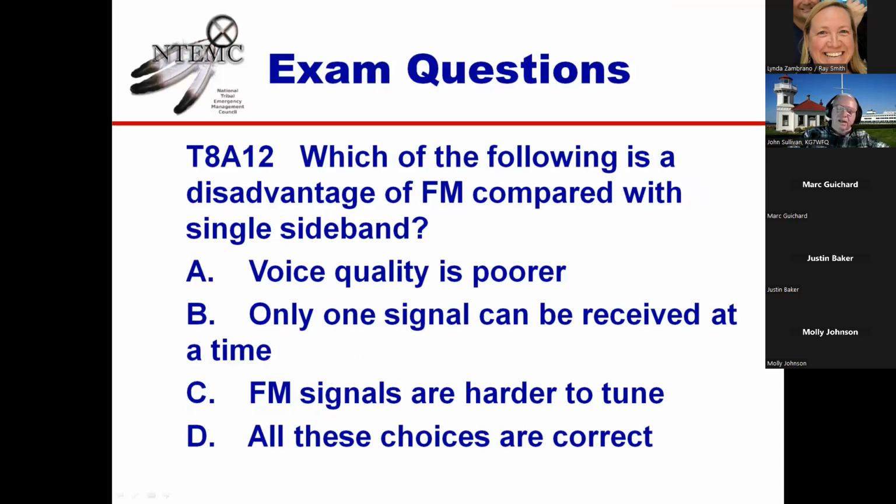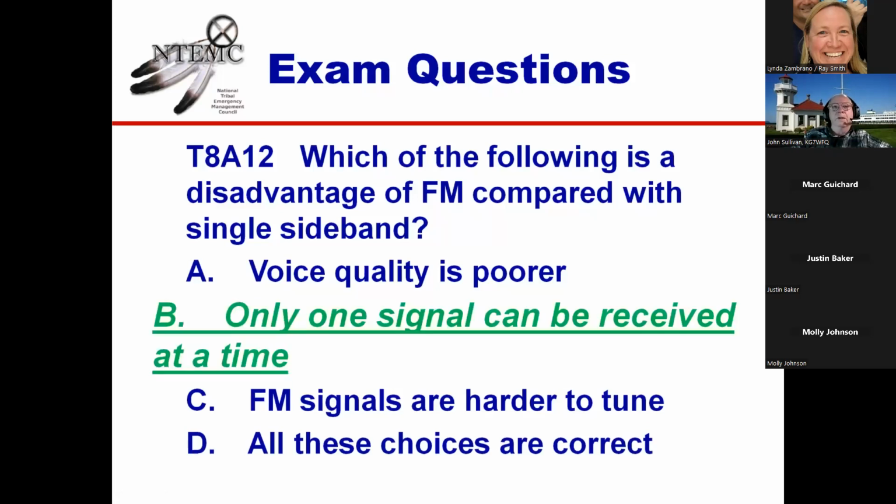It's a characteristic called FM capture. Whatever the strongest signal is, that's the one that's going to be heard, the elimination of others. Whereas with single sideband, you will often hear overlapping signals, but you won't hear that with FM. The stronger one will just totally block out the weaker one. So only one signal can be received at a time.